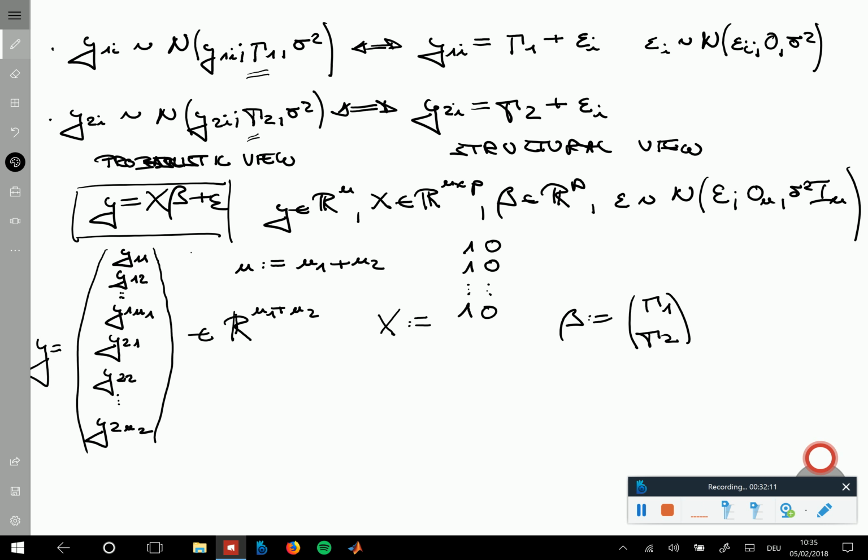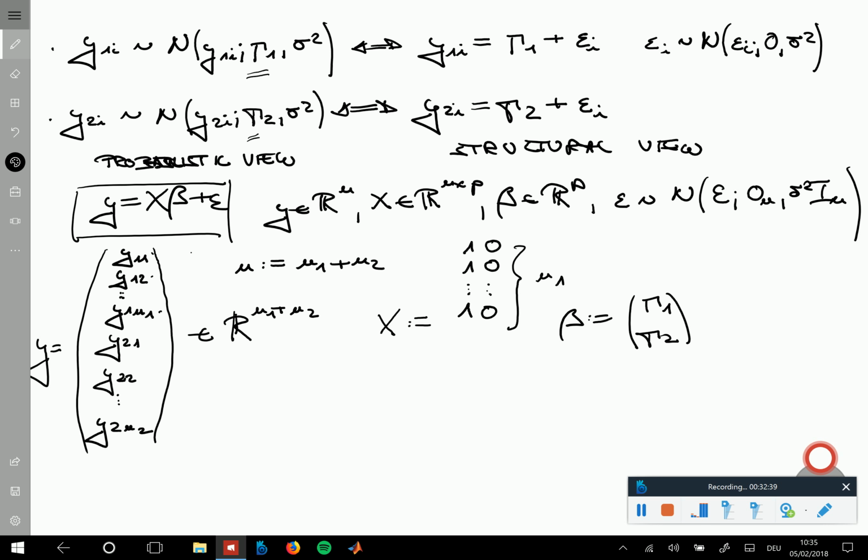So if you put n1 of these 1, 0 pairs below one another and multiply this with the beta parameter, then of course you get 1 times mu1 plus 0 times mu2, so you get mu1 for all these data points, y11, y12 until y1n1.